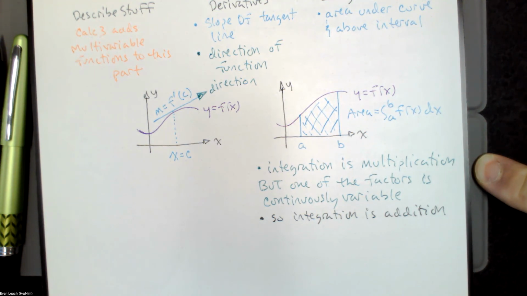Places that you're going to use multiplication, those are places that you might have to use integration. Distance is equal to rate times time is our favorite one because engineering. But anytime you have multiplication, area is length times width. Nice multiplication if the length is constant, but if the length is continuously variable, it's an integration problem.